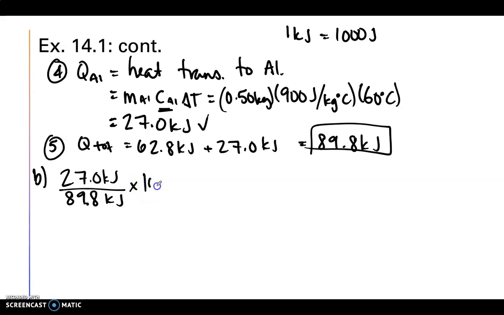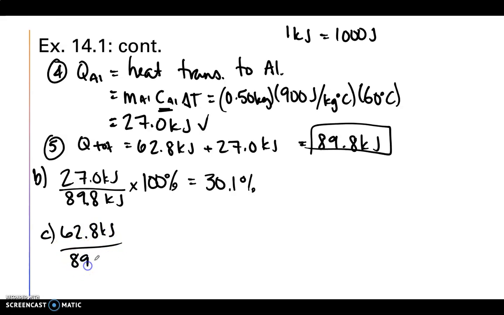And remember to find percentage, just multiply by 100. And you get 30.1%. Okay, we can do the same thing for our water. 62.8 kilojoules over 89.8 kilojoules times 100, and we get 69.9%. All right, so that is all for this example.